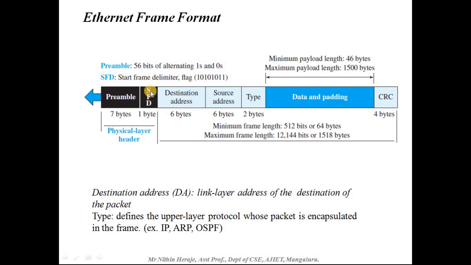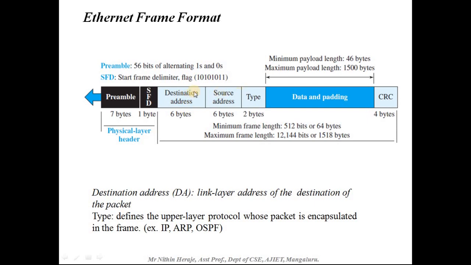And there is a start frame delimiter, which is 1 byte and is a kind of delimiter flag. So this is the bit pattern of the flag, and this contains a total of 8 bytes, which is the physical layer header.